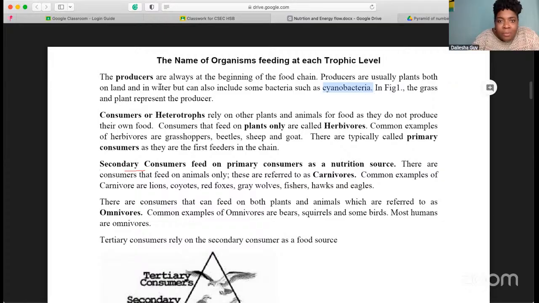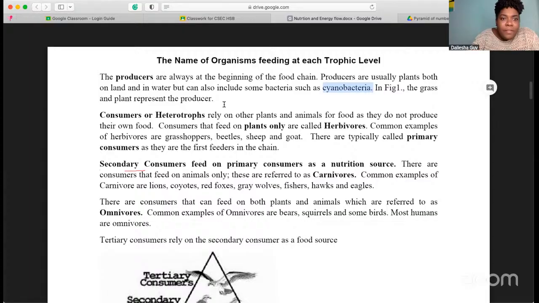In the water, we have algae, a type of seagrass, and seaweed. These are all producers. But you never saw a tree in the sea. You never saw a tree in the sea, right? So if you have to write about an aquatic system, don't put a tree and then a fish. You get it wrong. So know the producers in the different areas.